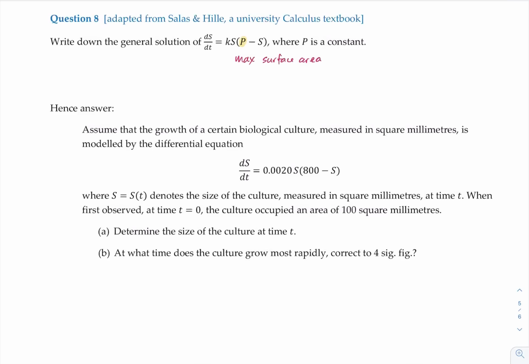So the general solution of this is S equals P, the constant, the maximum, over 1 plus B e to the negative kPt. Okay, just think of what we would normally have.